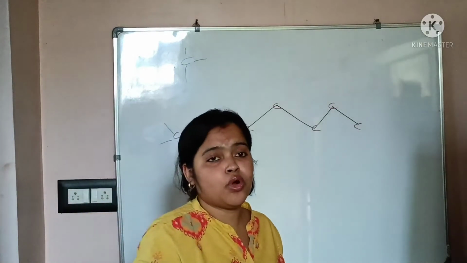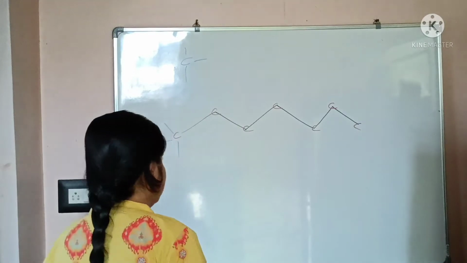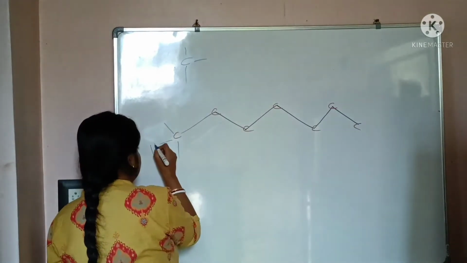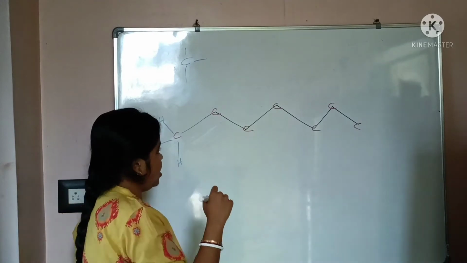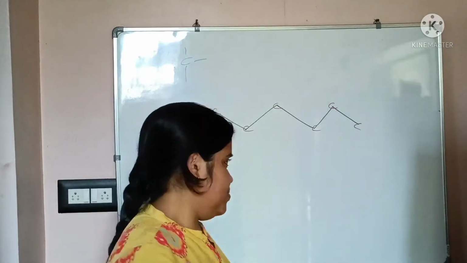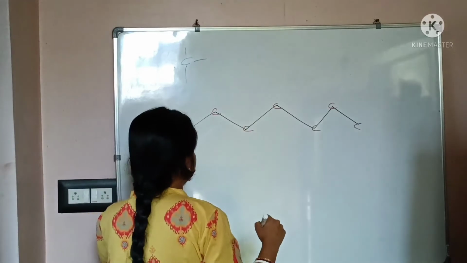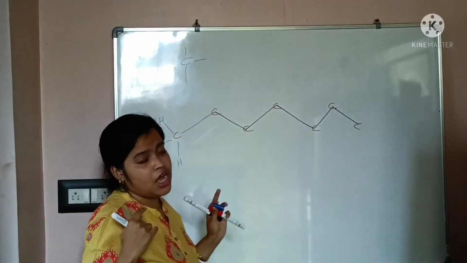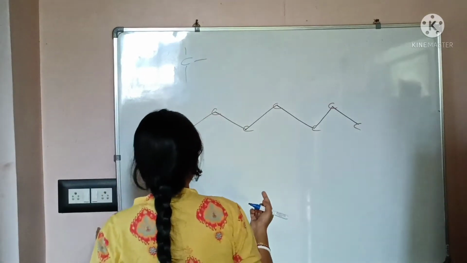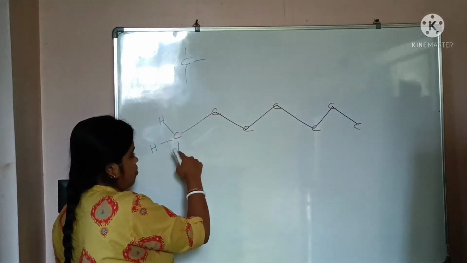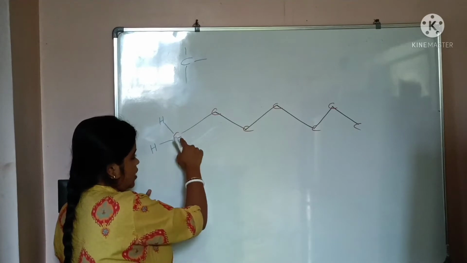I am considering in this case the bonding with hydrogen, though you can take some other atom also. I have written hydrogen because hydrogen has only 1 valence electron, which bonds with the carbon atom to form this hydrogen-carbon bond.